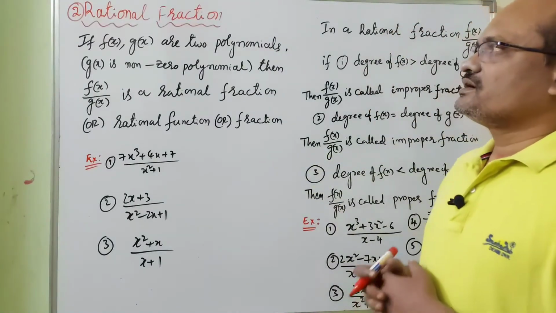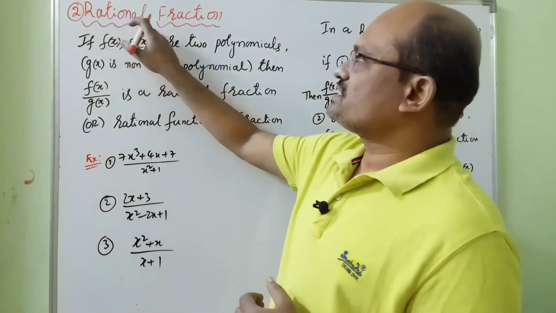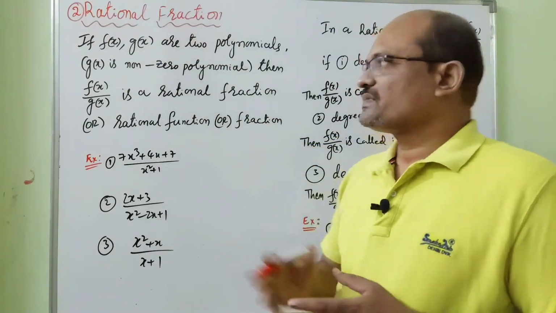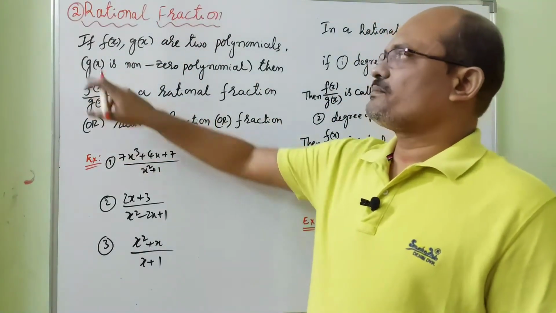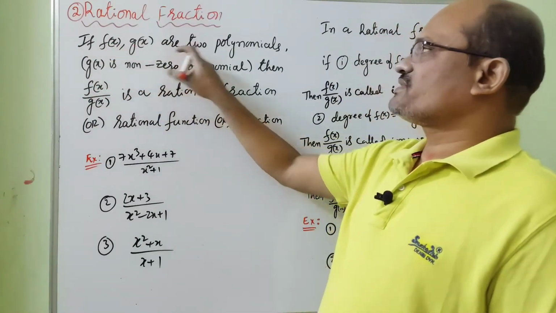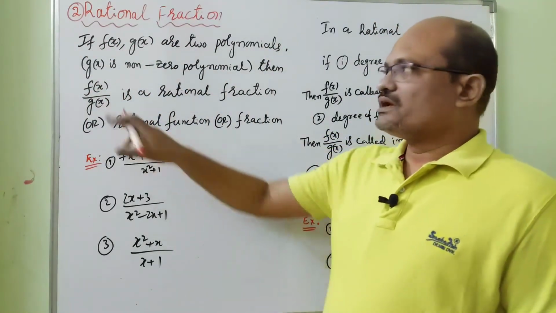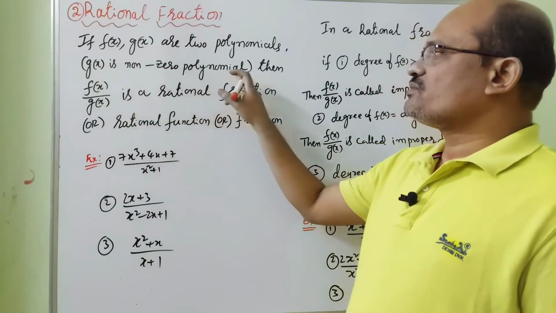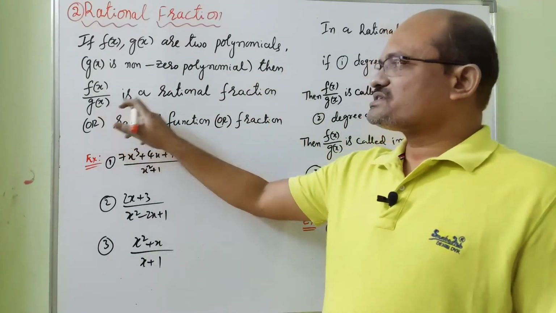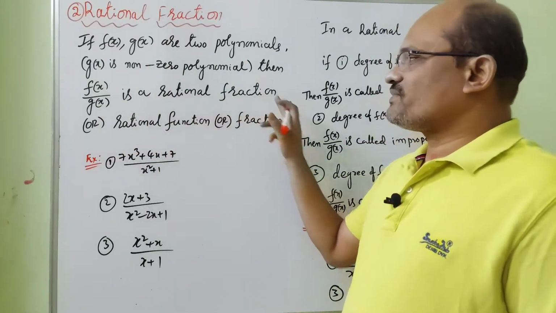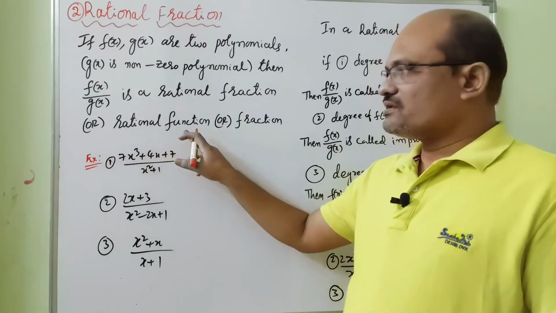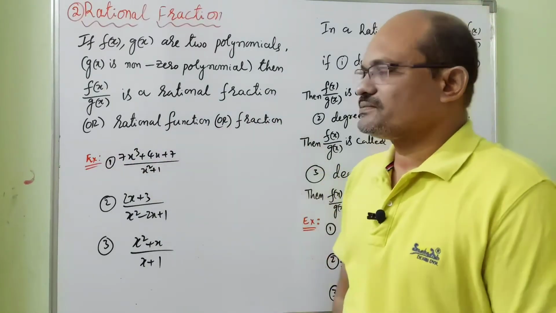Students, next definition, rational fraction. Please go through the definition. If f of x, g of x are two polynomials, and g of x is a non-zero polynomial, then f of x by g of x is a rational fraction or rational function or fraction.